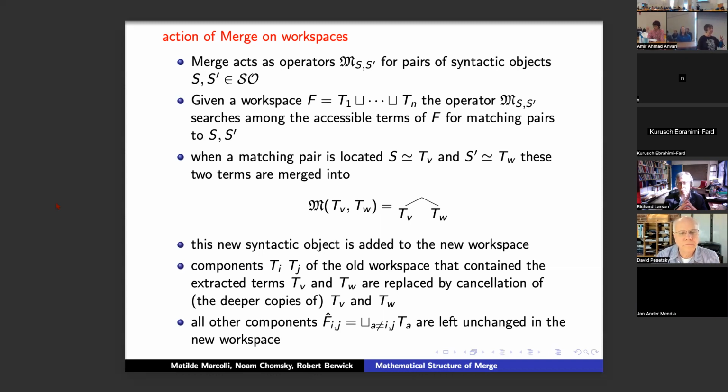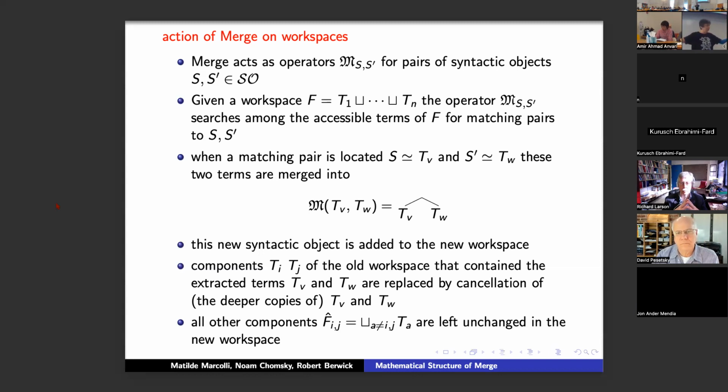And when you locate a matching term, an accessible term that looks like S and an accessible term that looks like S prime, you pick those two accessible terms and merge them together using the merge operation of the magma of syntactic objects. These are now two syntactic objects, so you can apply this operation and get a new syntactic object. And this new syntactic object is added as a new connected component of your new workspace.